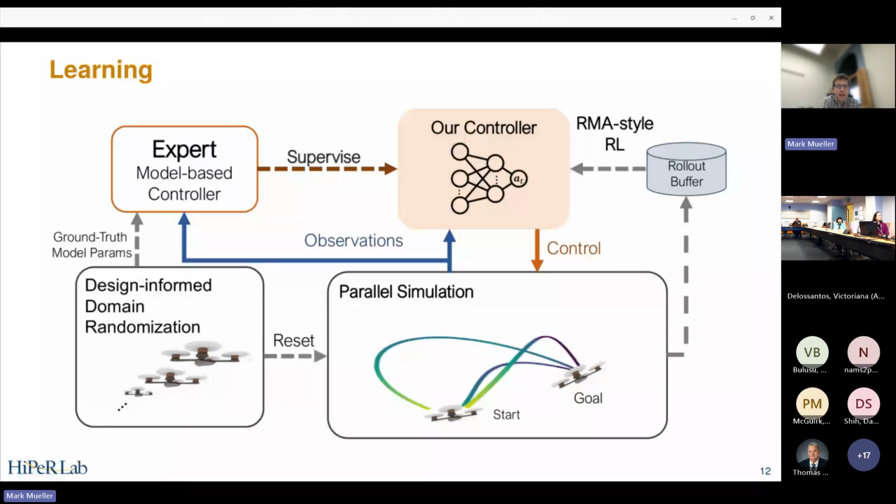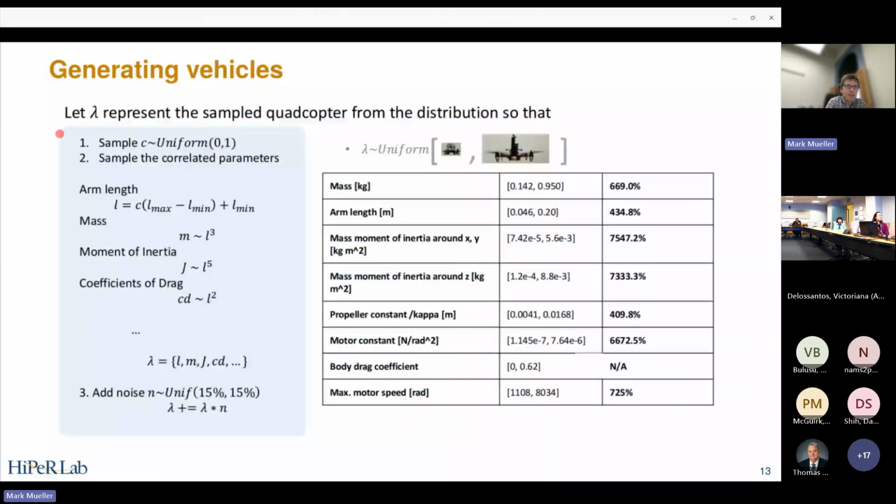The way we generate physically meaningful vehicles is we have a scalar that represents a point in, think of it as quadcopter space. So lambda will be this scaling factor, scaled between 0 and 1. And then we scale all of the physical parameters with somewhat physically meaningful laws.